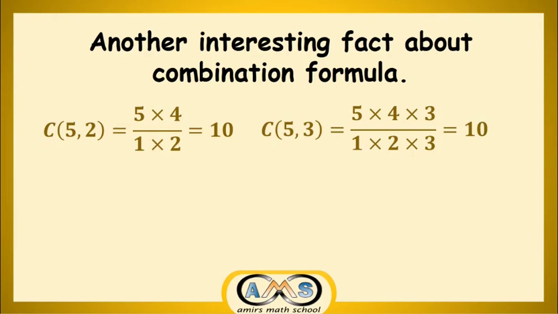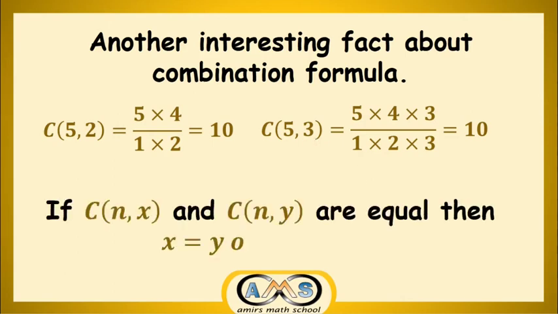C52 and C53 are equal, then either these two and these three, that is the r for the first case and the r for the second case, either these two will be equal or the sum of these two will be equal to n. That is, if Cnx and Cny are equal, then either x equals y or x plus y equals n.